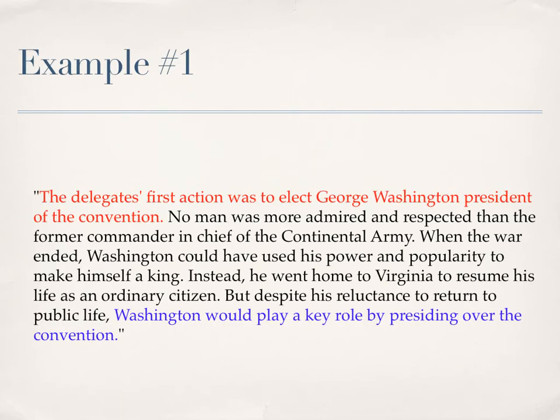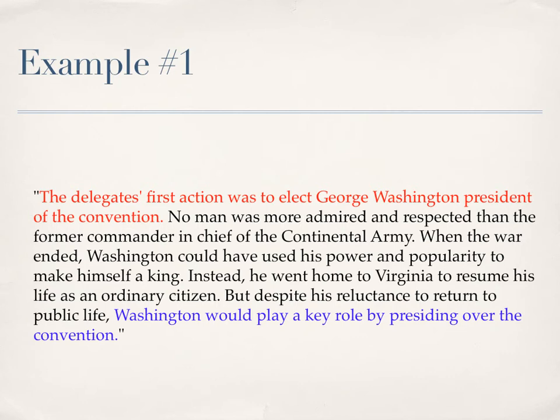Let's look at a couple of examples from the History Alive textbook. That's the brown textbook we sometimes use in class. Follow along as I read them to you. The delegates' first action was to elect George Washington president of the convention. No man was more admired and respected than the former commander-in-chief of the Continental Army.